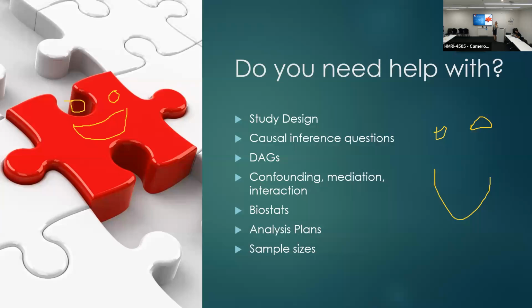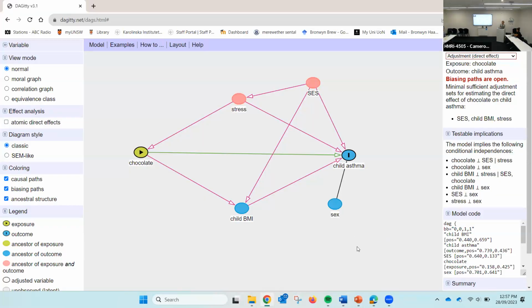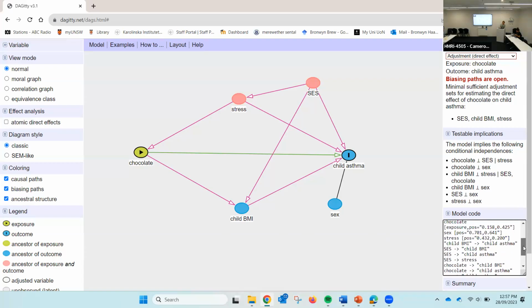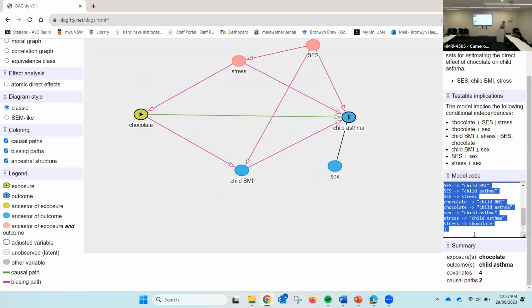And with DAGitty, you can save the code or something, can't you? That's a good question, especially Haley, if you're going to use it. Yes, because I often just will screenshot the picture, but invariably I want to go back and change it because I've changed my mind about something. So you go into the model code here and you have to copy.